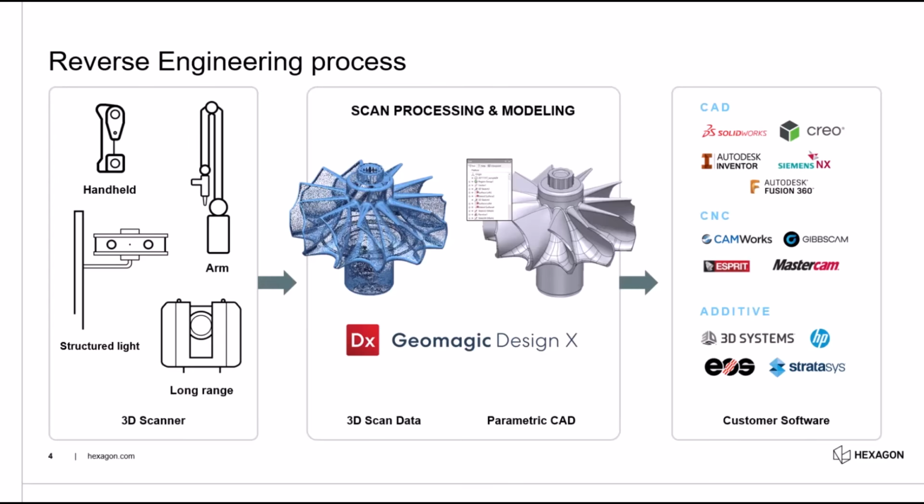The second one down is we can then save out models like STEP, IGES, neutral, all these different native interchange formats to send over straight to CNC packages for cutting stuff directly, or additive. Some additive packages will take CAD models or meshes, and we can save out to those as well.